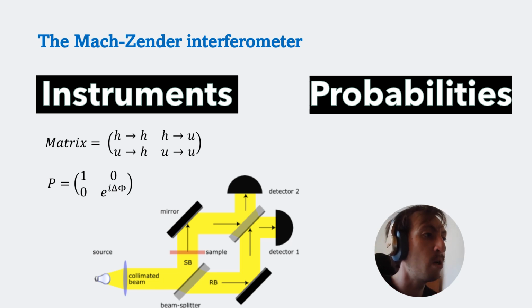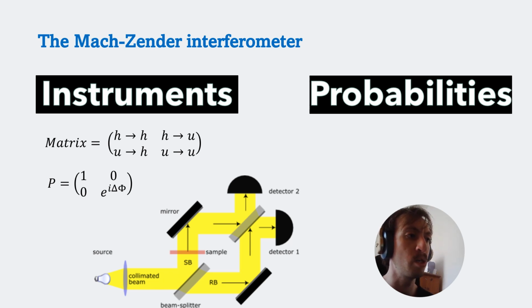Now for our sample, our photon is only going to encounter our sample within our interferometer if it was travelling vertically upwards before hitting the sample and is travelling vertically upwards after hitting the sample.